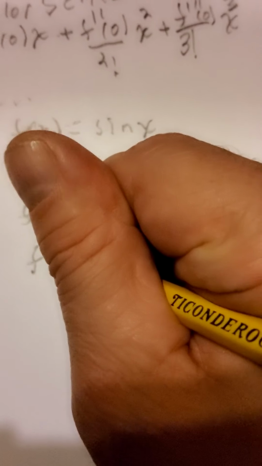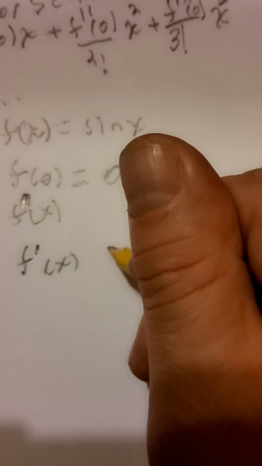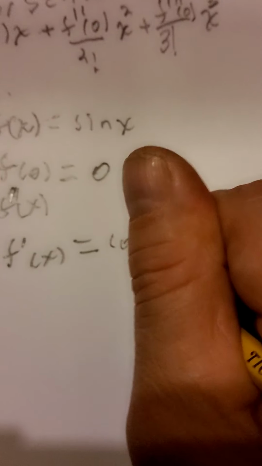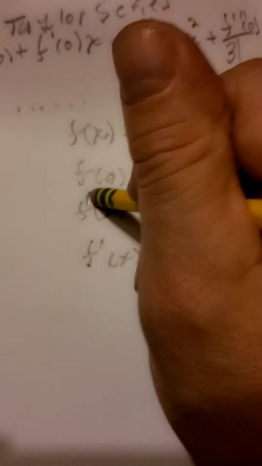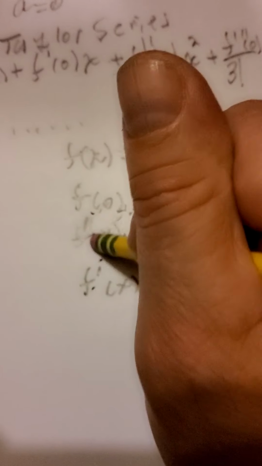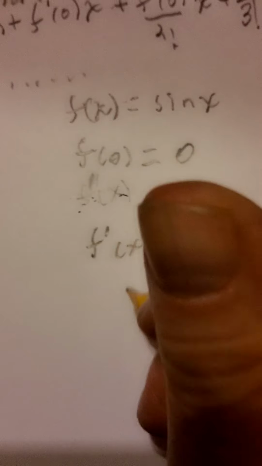The first derivative of sine x is cosine x. Okay, I'll erase that. I don't know what happened there, but that's fine. We can continue. So f prime of x is going to be cosine x.